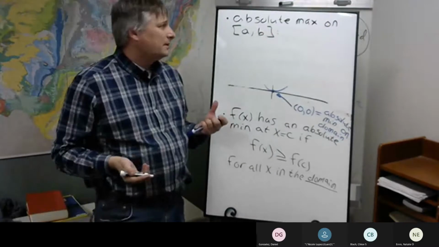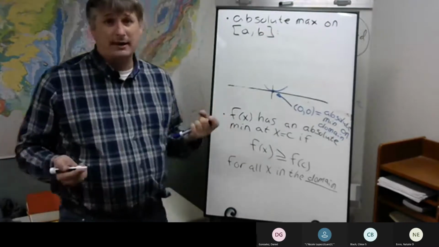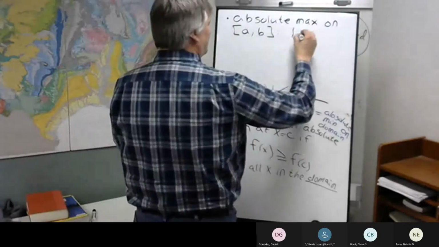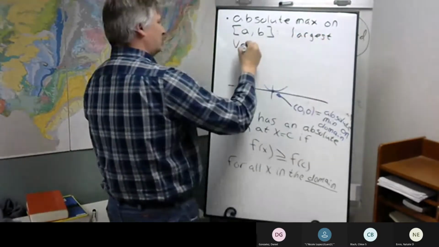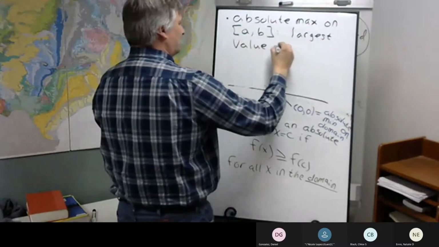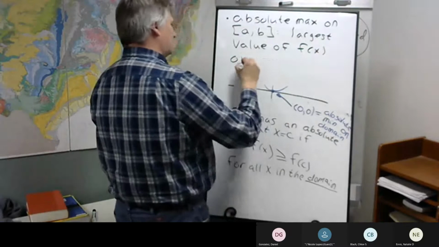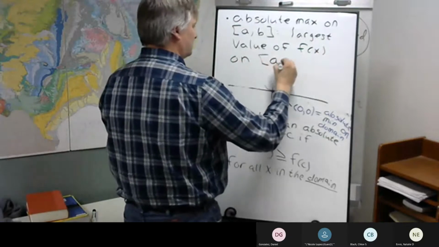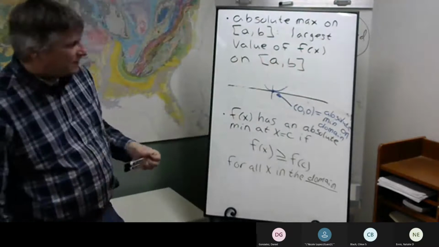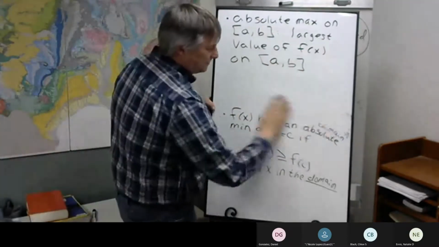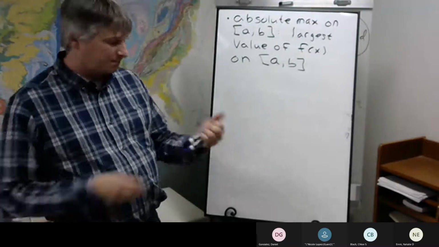And what this is going to be is the largest value of f of x on AB. So we can take this idea of absolute max and we can shrink it down just to an interval.